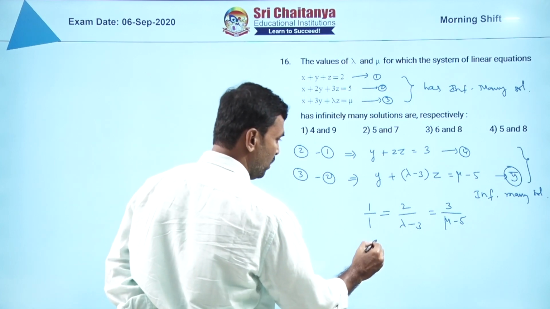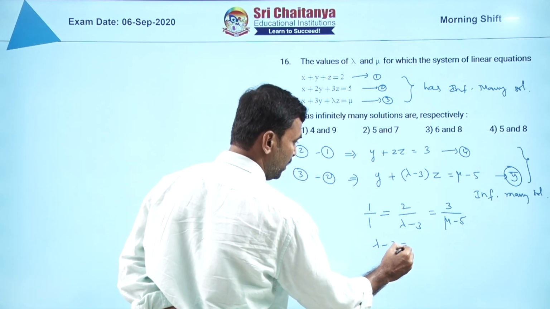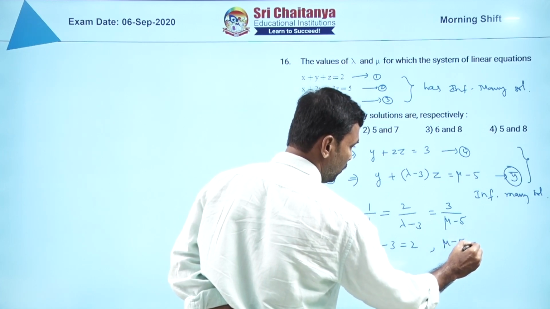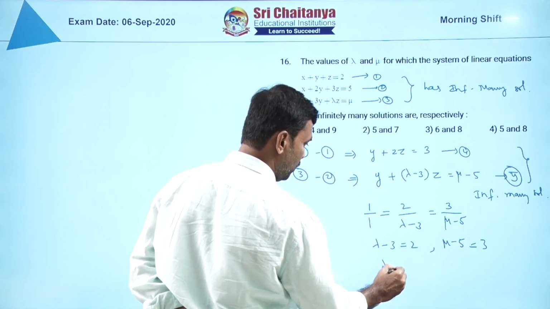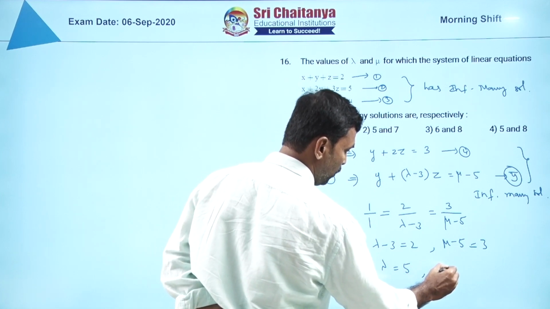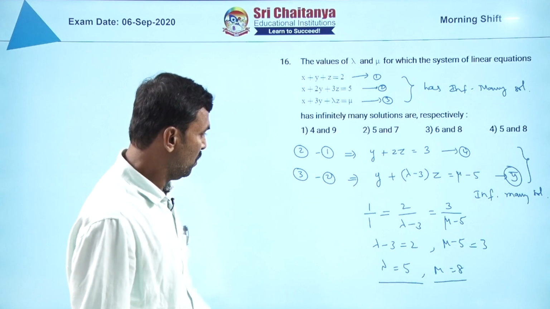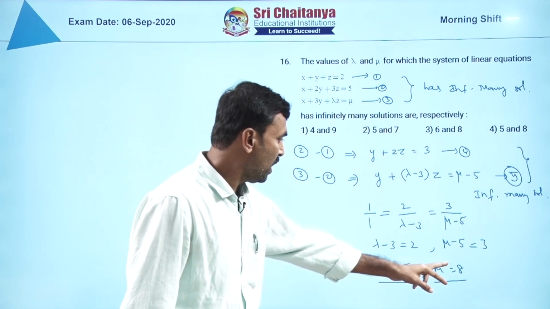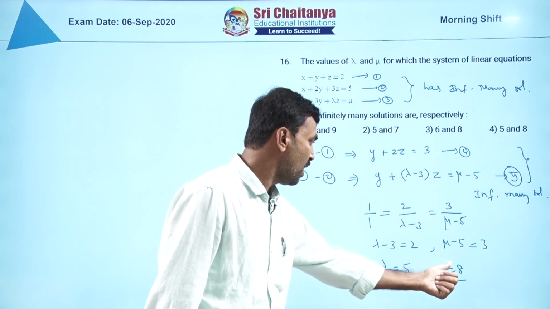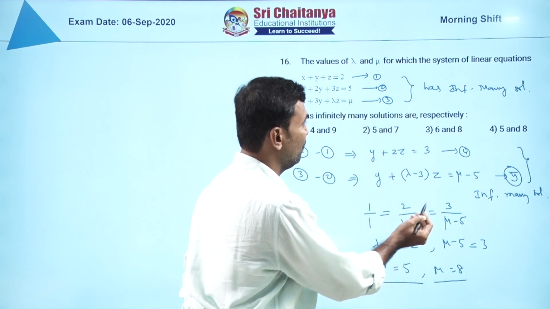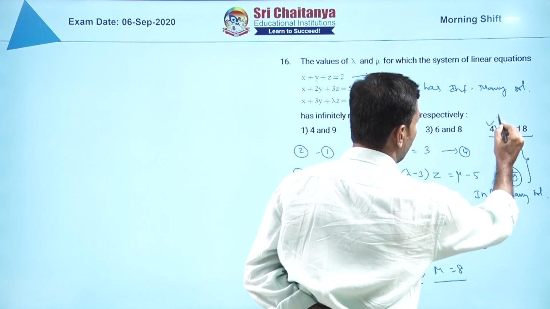So, if you cross multiply, lambda minus 3 is equal to 2, mu minus 5 is equal to 3. So, lambda is equal to 5, mu is equal to 8. So, these are the values of lambda and mu, 5 and 8 respectively. The fourth option is correct.